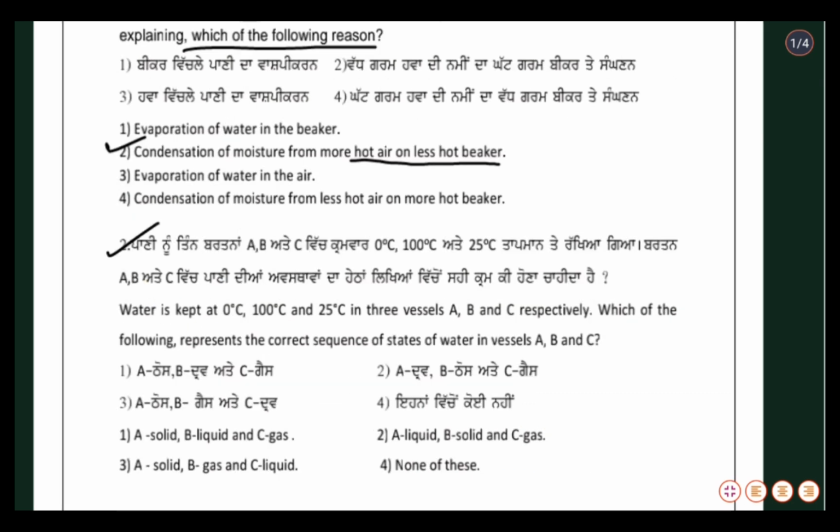So here is the question number 2. Water is kept at 0 degrees Celsius, 100 degrees Celsius and 25 degrees Celsius in 3 vessels A, B and C. Now which of the following represents the correct sequence of the states of the water in vessels A, B and C? So dear students, we all know that at 0 degrees Celsius the water is in solid state or solid form, and at 100 degrees Celsius it is in steam form or gaseous form, and at 25 degrees Celsius it is in a liquid form, right?